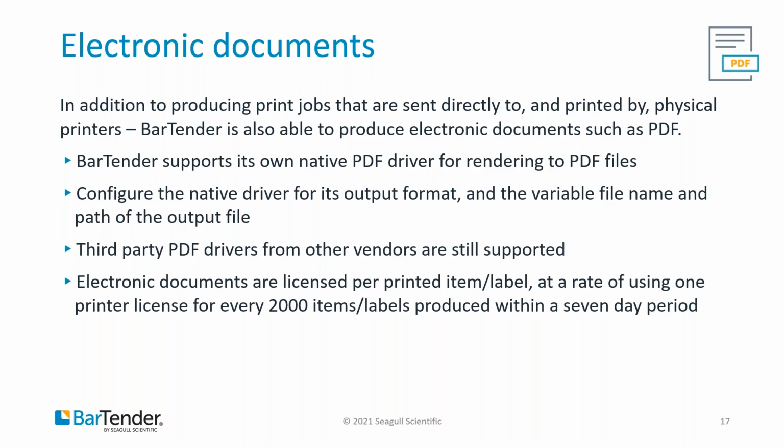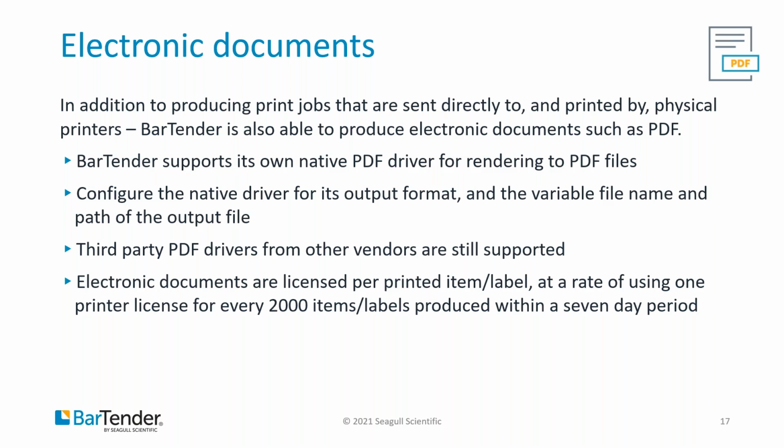We still support third-party PDF drivers if customers still wish to use those. But any form of electronic document is also licensed. And we license this by the amount of items or labels that are produced by BarTender. So currently, we're rating it that every 2,000 items or labels that are produced by BarTender within a 7-day period uses one printer license.